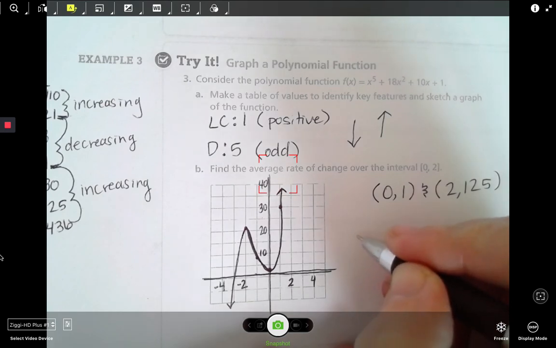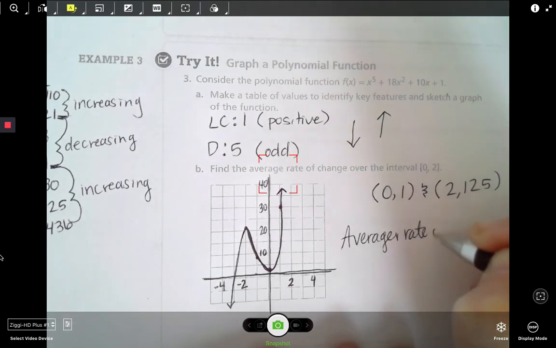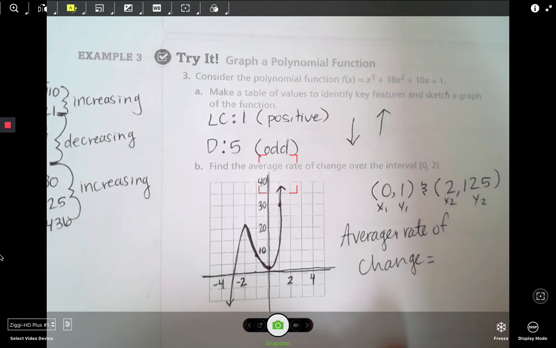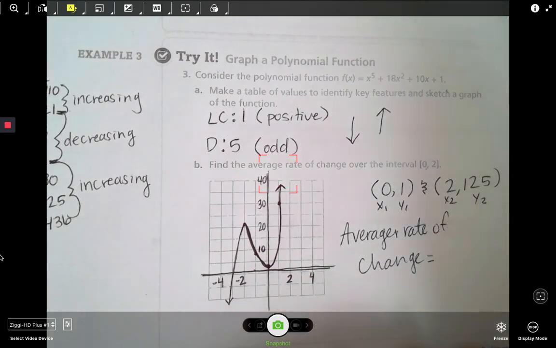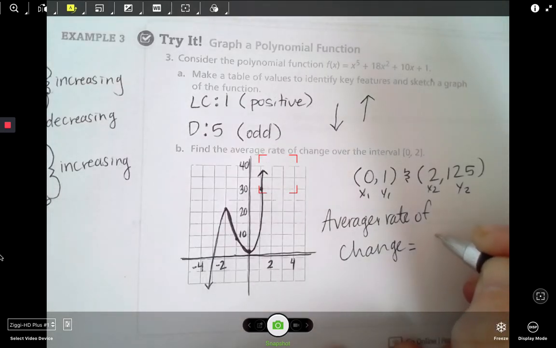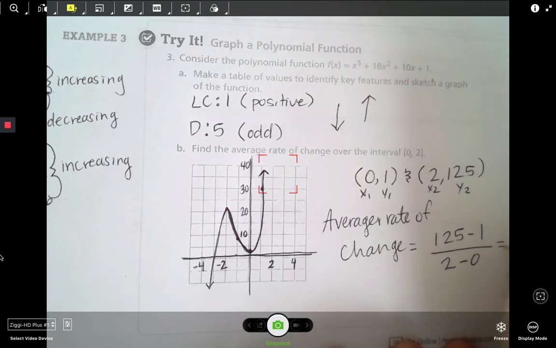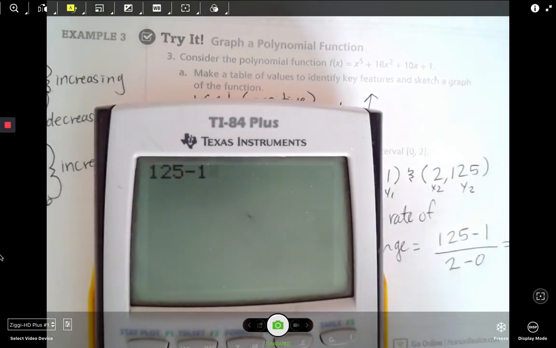So, average rate of change equals y2 minus y1 over x2 minus x1, with points x1, y1 and x2, y2. 125 minus 1 divided by 2 minus 0 is 62.